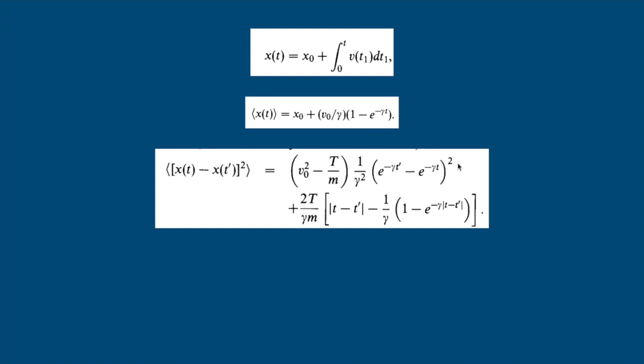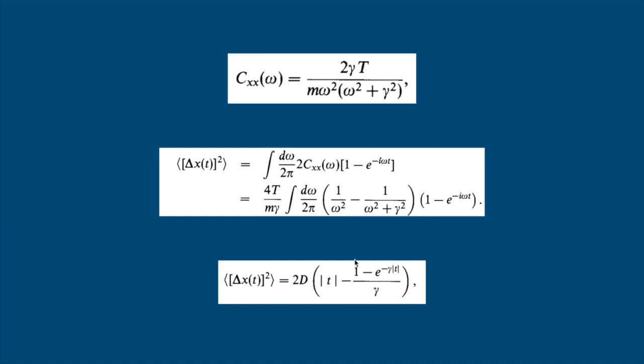Now if both t and t dash are much greater than gamma power minus 1, this will reduce to this equation here. So we will get this as the result.